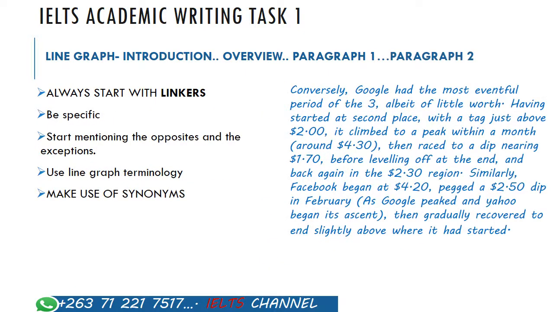Conversely, Google had the most eventful period of the three, albeit of little worth. Having started at second place, with a tag just above $2, it climbed to a peak within a month, around $4.30, then raced to a dip nearing $1.70, before leveling off at the end and back again in the $2.30 region.